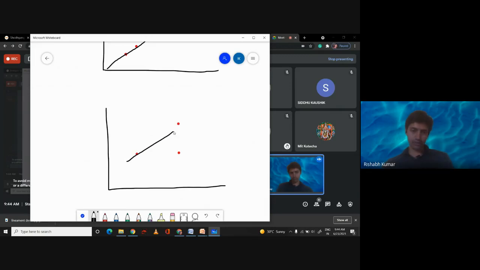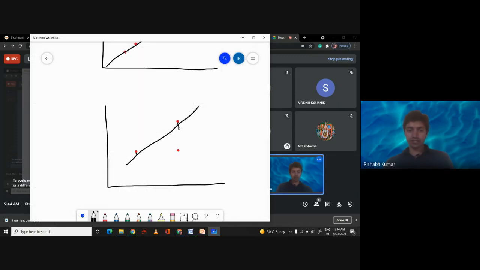So suppose one line is like this. Here the distance between this point and this line is very small. Similarly, the distance between this point and this line is very small, but the distance between this point and this line is this big. So you have to add up all the distances.